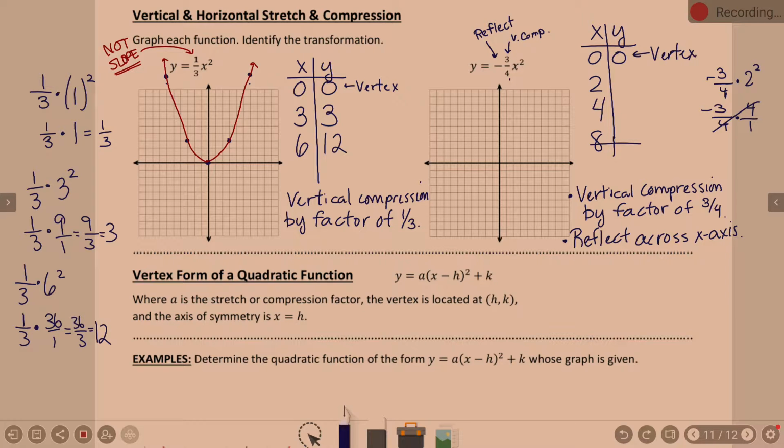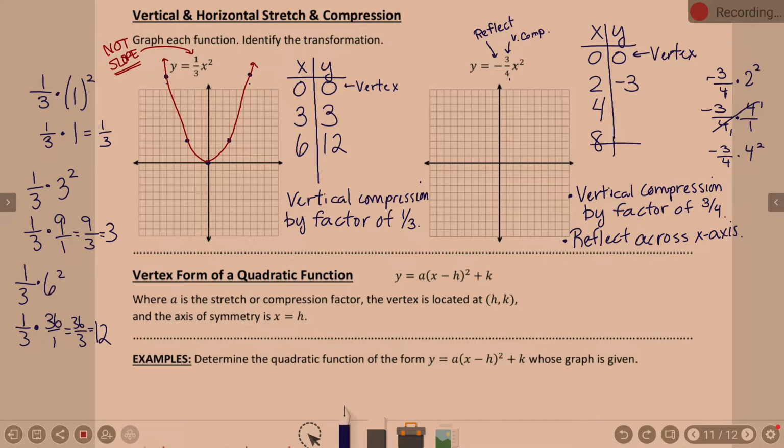What remains? A whole bunch of 1's and a negative 3. Negative 3/4 times 4 squared. What's 4 squared?